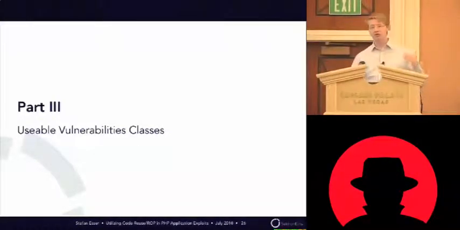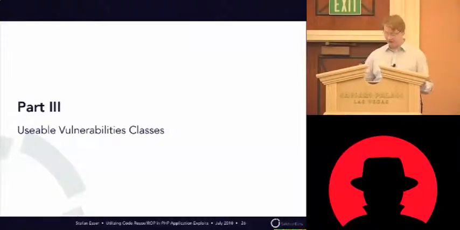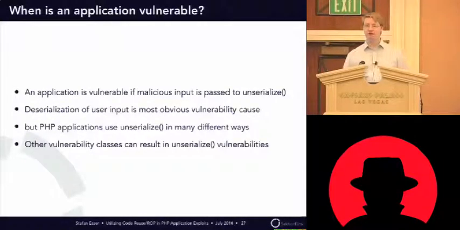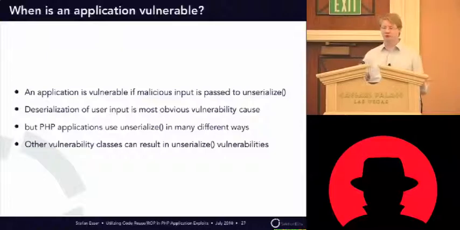I already told you that putting user input in unserialize is maybe not a good idea. So what is actually required for an application to be vulnerable, so that we can do a property-oriented programming attack? Of course, the most obvious way that an application can be vulnerable is if it puts user input directly into unserialize.